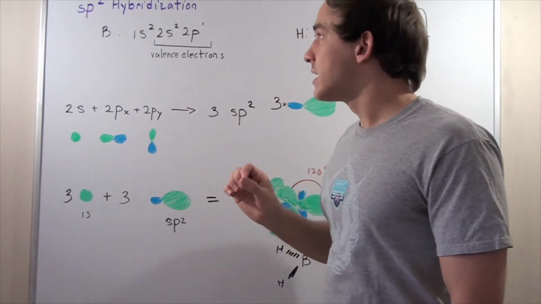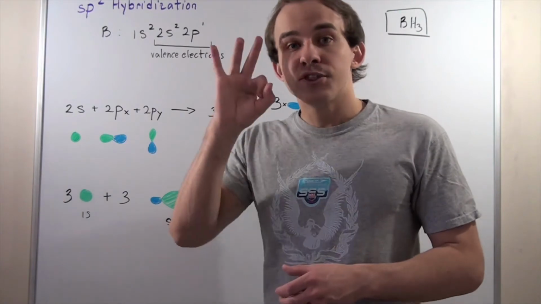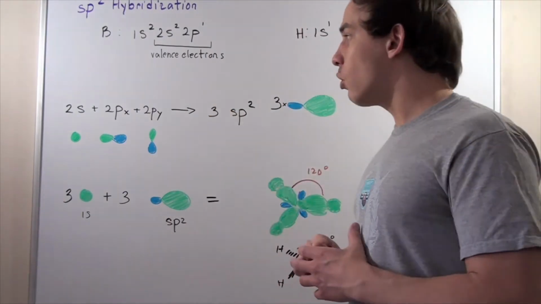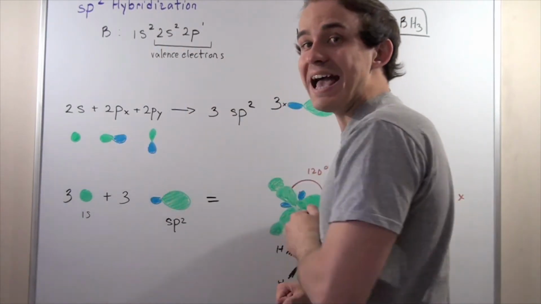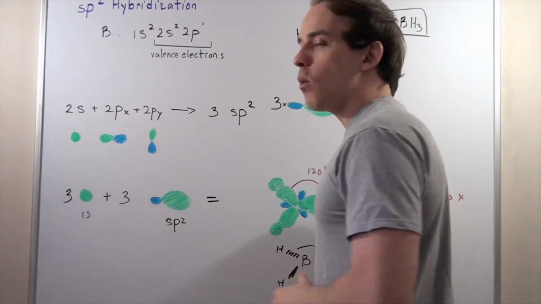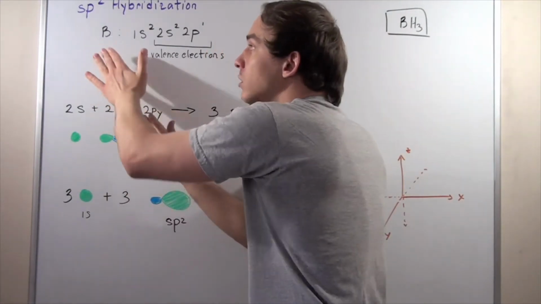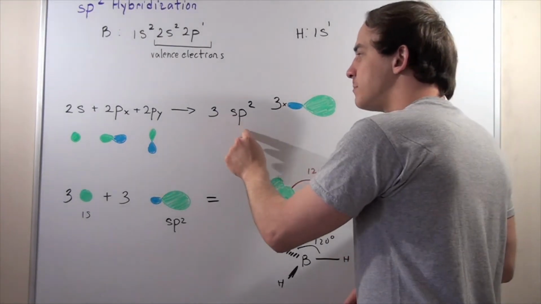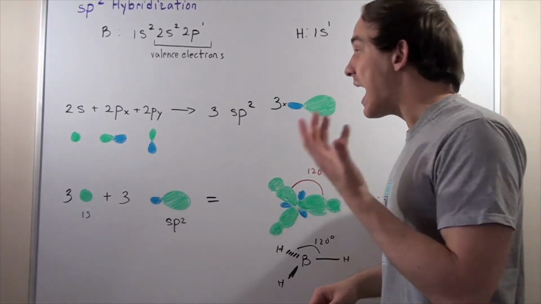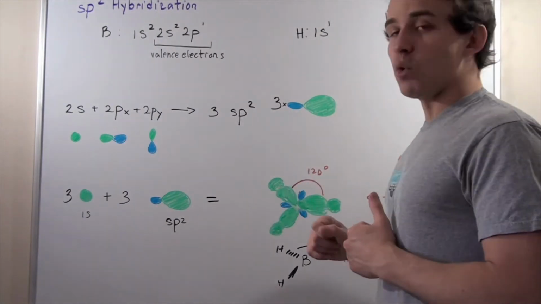So we're not combining just s and p, but we're combining 3 orbitals. These 3 orbitals are the 2s orbital, the 2px orbital, and the 2py orbital. We combine these atomic orbitals of the boron atom and form 3 identical sp2 hybrid orbitals, and they look like this hybrid orbital here.